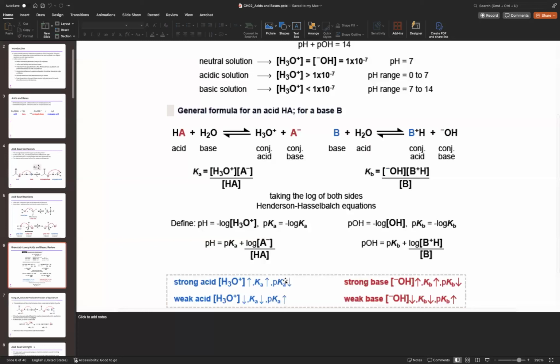The smaller the pKa, the stronger the acid. The larger the pKa, the weaker the acid. Same with the base. The smaller the pKb, the stronger the base. The larger the pKb, the weaker the base.